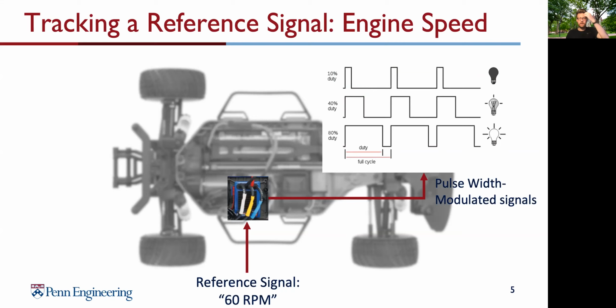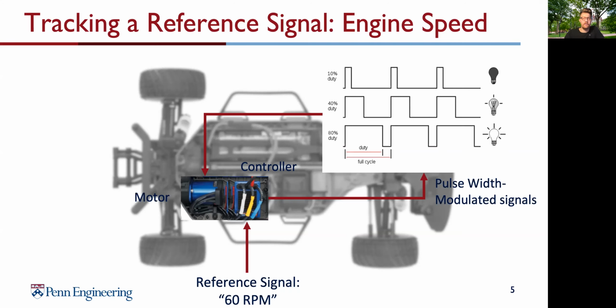This pulse width modulated signal then is going directly into our electrical motor. And this motor is achieving an electrical current with this pulse width modulated signal and is outputting a motor speed or an angular velocity. But this is our physical system here.